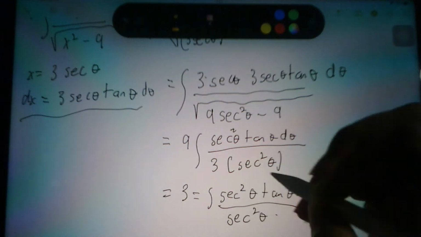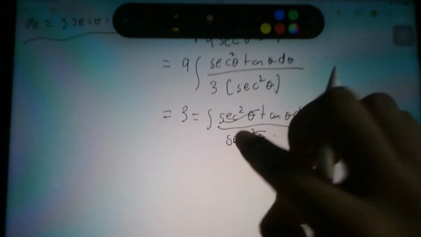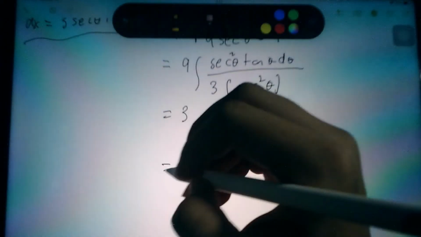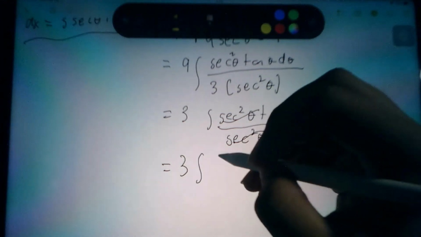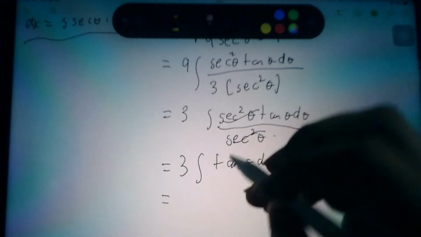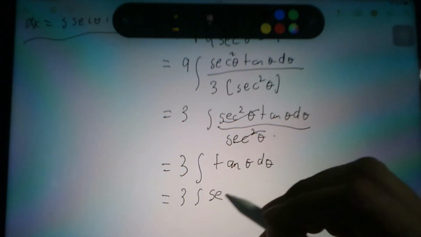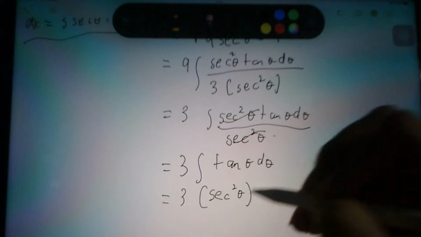The secant squared theta cancel each other out, and that will become 3 times the integral of tangent theta d theta. So the integral of tangent theta is secant squared theta plus c.